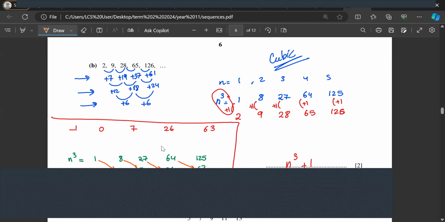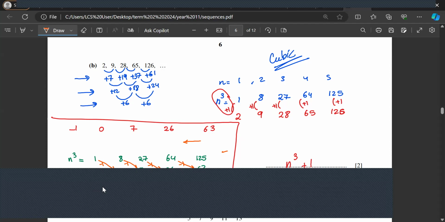As if I took this line and sent it back 1. So here, -1, -1, -1, -1. So it is what? n cube -1, but I'm not subtracting from the term under it.